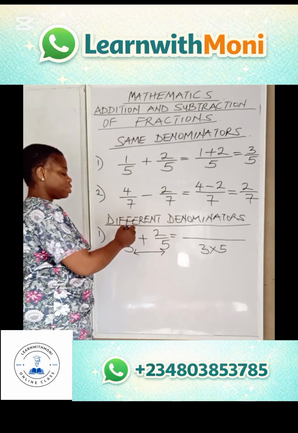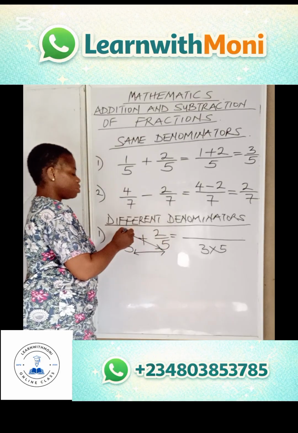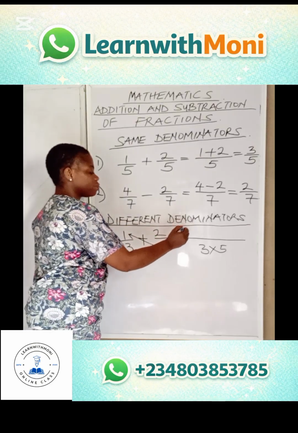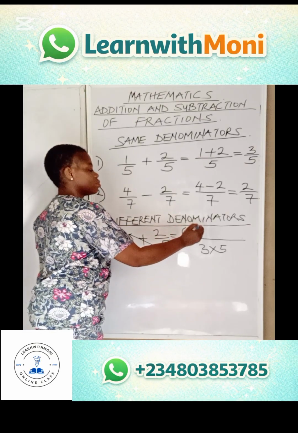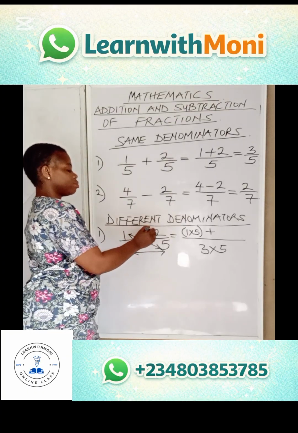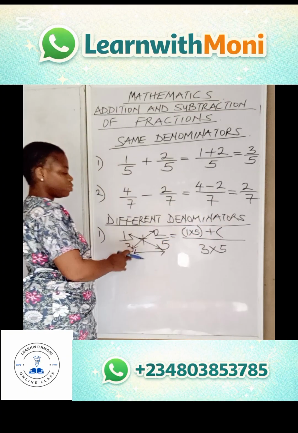Then after that, the next thing you do is your left diagonal, 1 times 5, plus your right diagonal. That is 2 times 3.